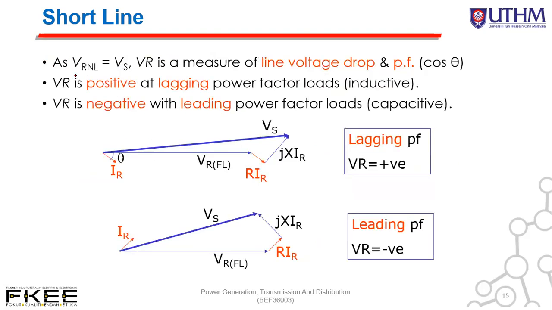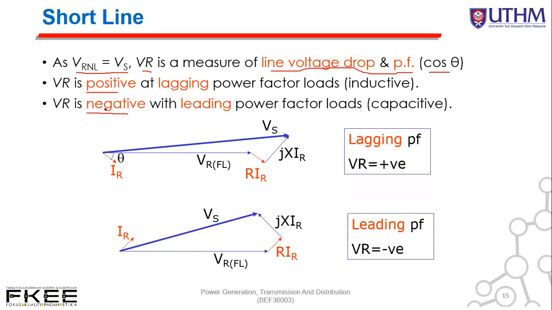As the voltage at the receiving end under no load condition is equal to Vs, voltage regulation is a measure of line voltage drop and also the power factor, cos theta. Voltage regulation can be either positive or negative, and also unity.